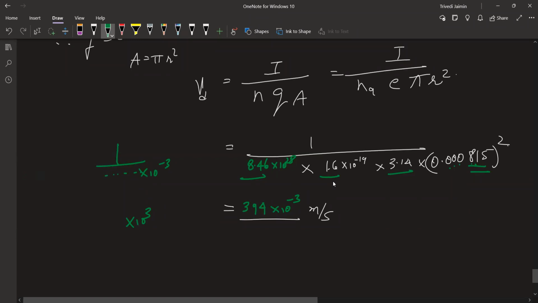And if you divide 1 by those numbers, okay, first tell me what is the multiplied value? If you multiply all this, let me do the multiplication.